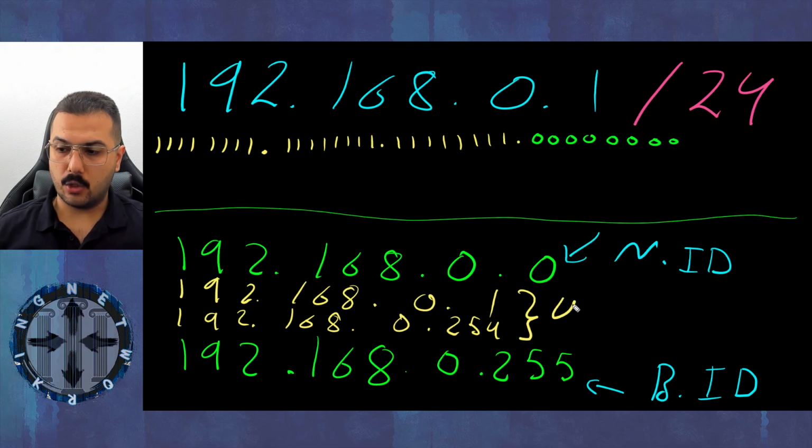These are the usable IP addresses or range.